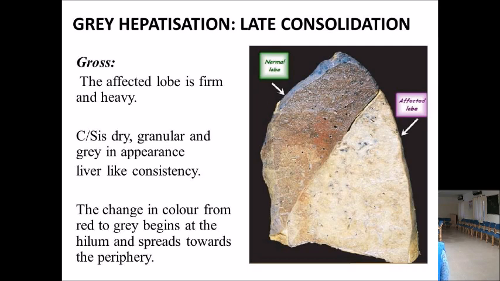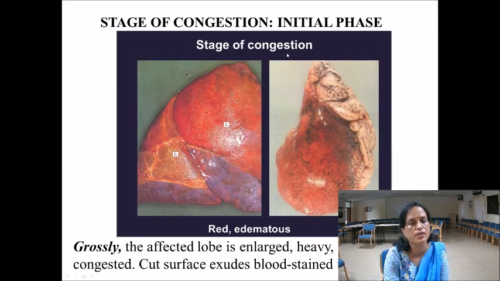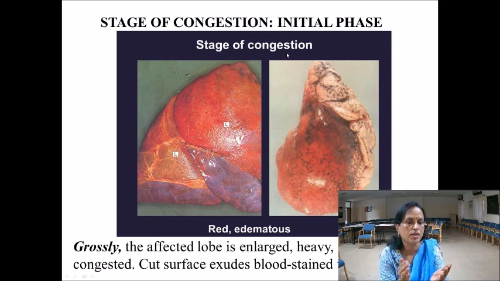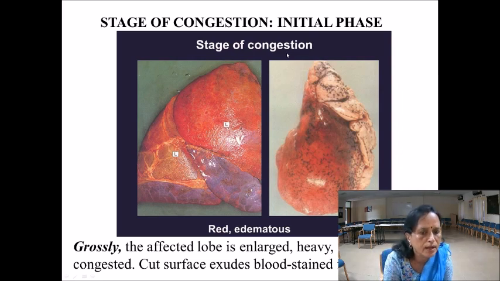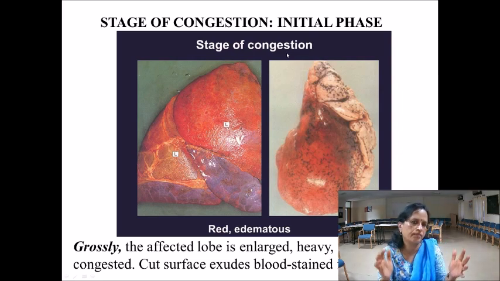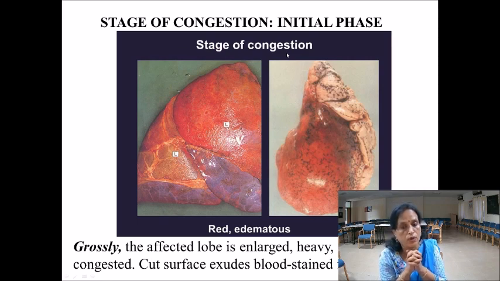So let us see the first stage, that is the stage of congestion. Congestion, all of you know, where the capillaries are engorged. That means they're dilated, filled with RBCs. So the affected lung appears swollen, enlarged, heavy, with so much fluid in it along with the inflammatory cells and the causative organism, and it is dark red.